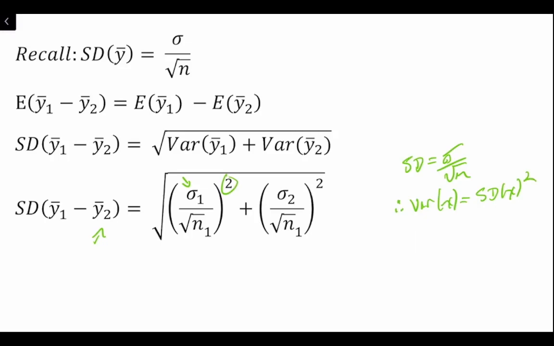So that's exactly what we're doing here. This would be equal to sigma squared divided by the square root of n squared, or we can put this in brackets, and that's exactly what we have happening right here, plus sigma 2, the standard deviation of our population for sample 2, divided by the square root of n2 (this should say n2, not n1), squared, and that is our standard deviation.